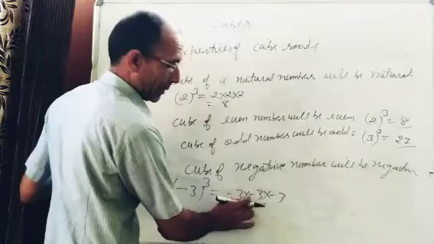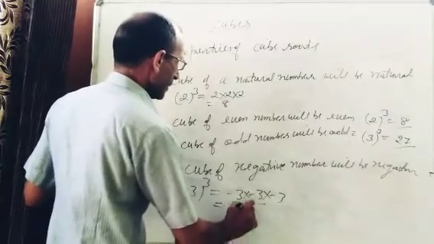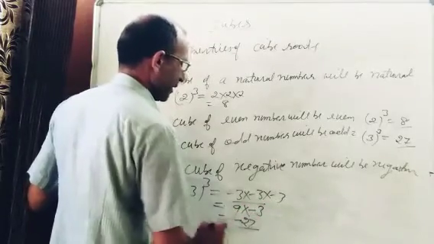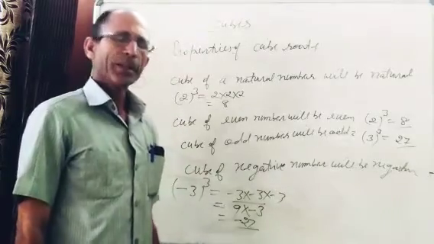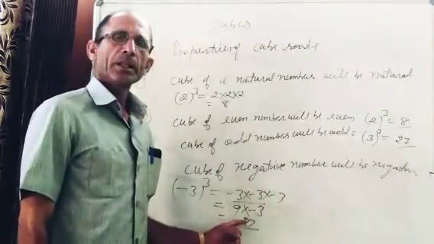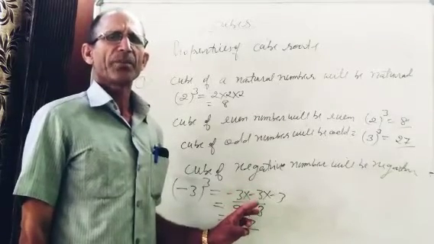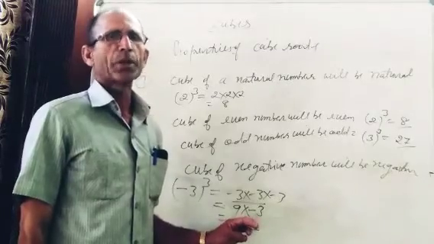So you know the rules: minus 3 multiplied by minus 3 is plus 9. Again multiply by minus 3, so minus 27. So the cube of a negative number will be negative. The cube of a positive number will be positive. So these are the main properties of cubes.